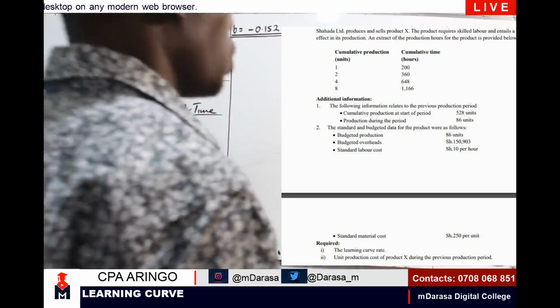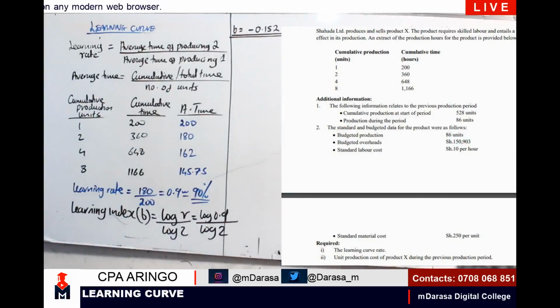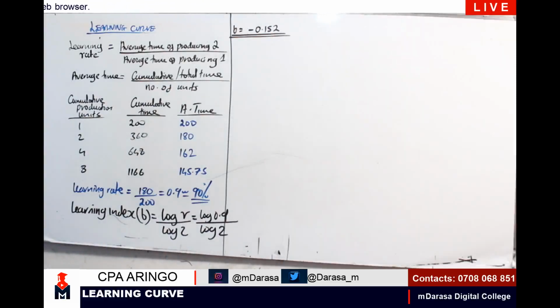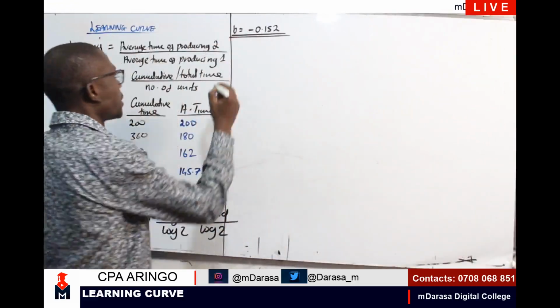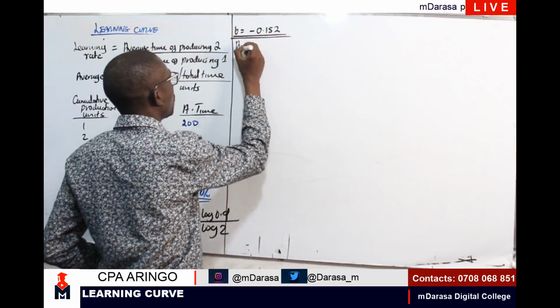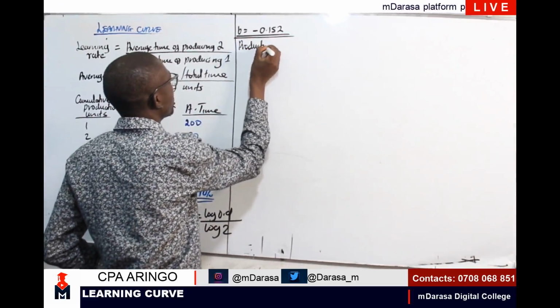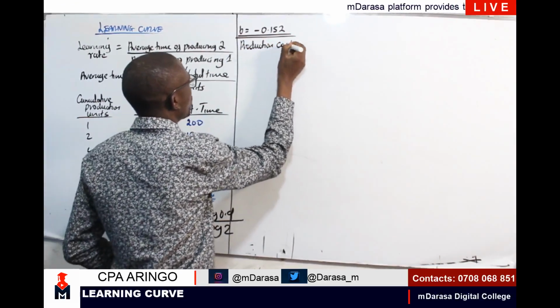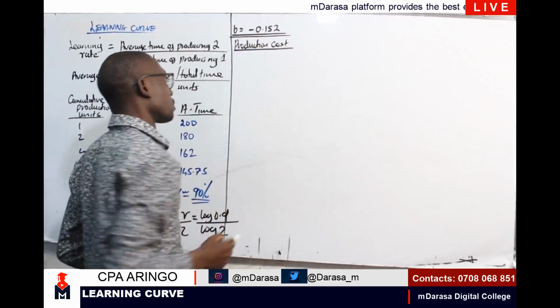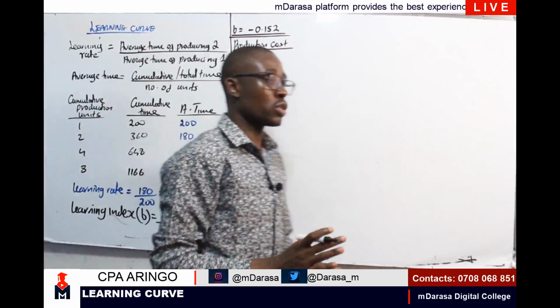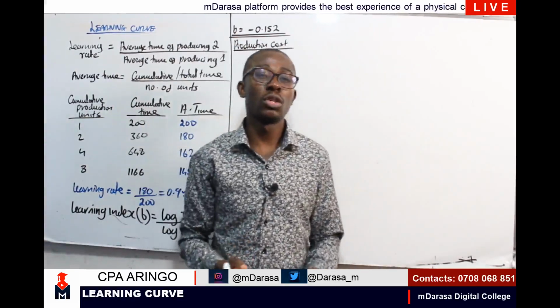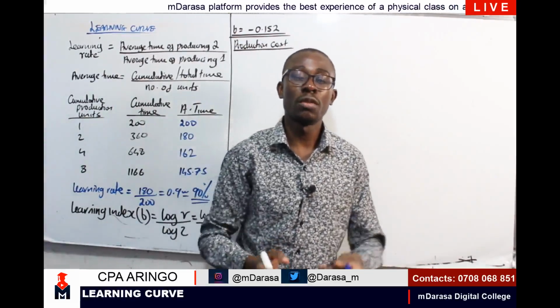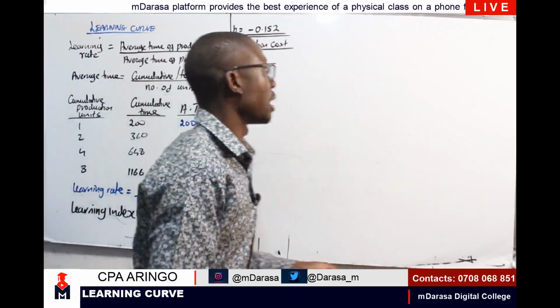And anytime you're talking of production cost, basically, what should click at the back of our mind? Allow me to remove the question a bit. Anytime you're talking of production cost, these are, of course, costs that you normally incur in producing your product. And you should know that you normally talk of 3 main types of costs.